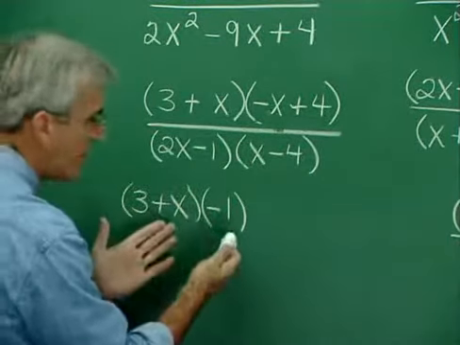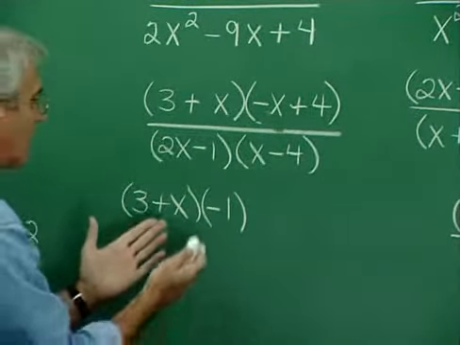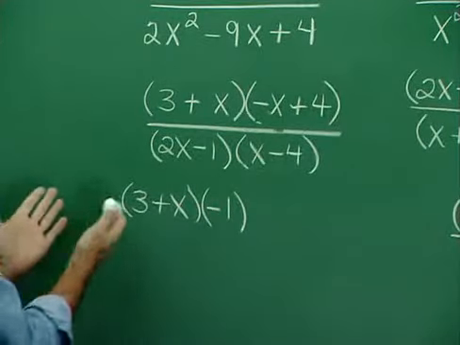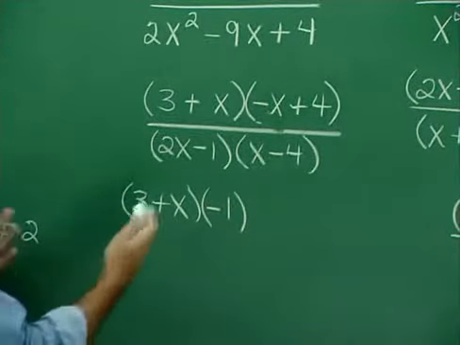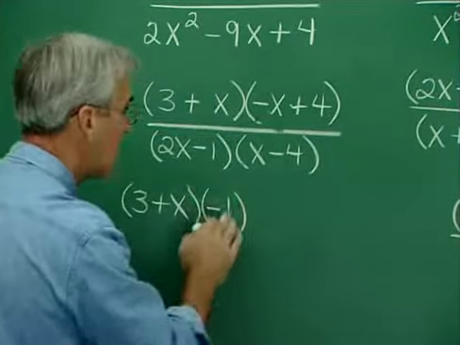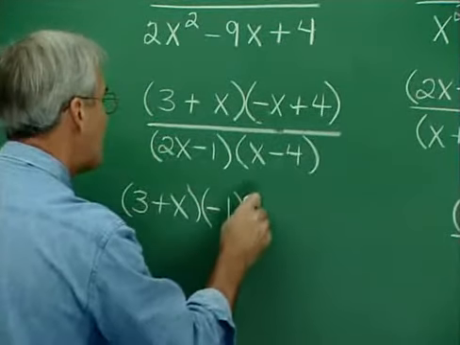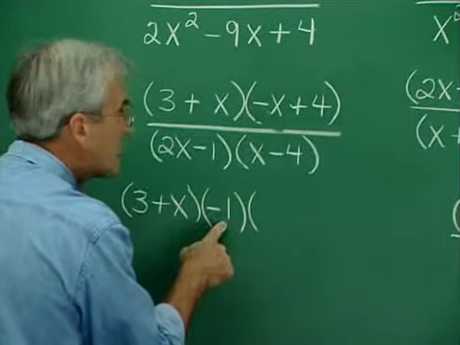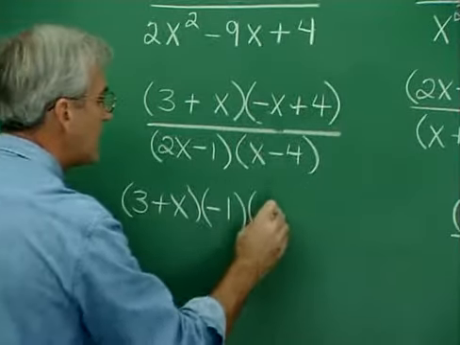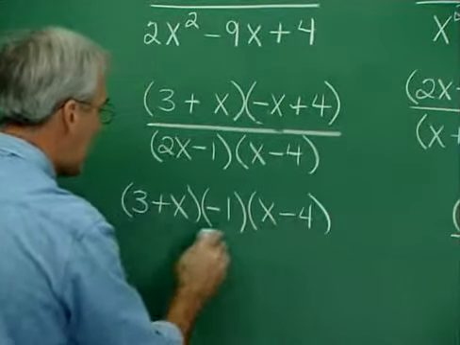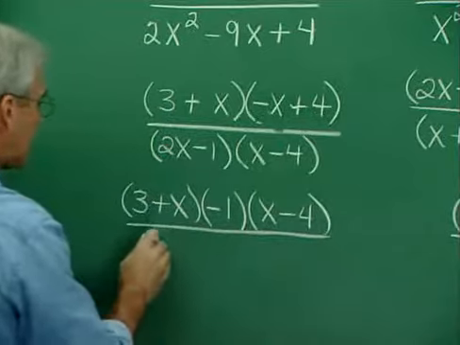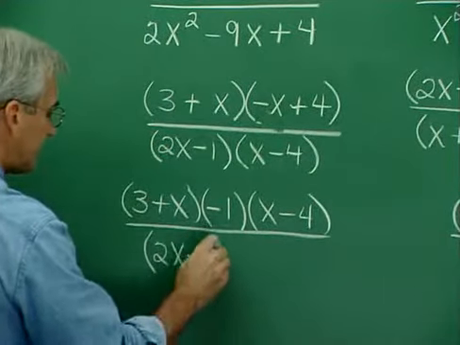I could just put a minus sign here, and that would probably be okay. But I'd rather do that at the beginning of a listing of factors. I'll put negative 1 here because I'm kind of within this list of factors. But when I take out this negative 1 factor, it'll change the signs here, so I'll have x minus 4. And now I have the cancellation opportunity that I was looking for.